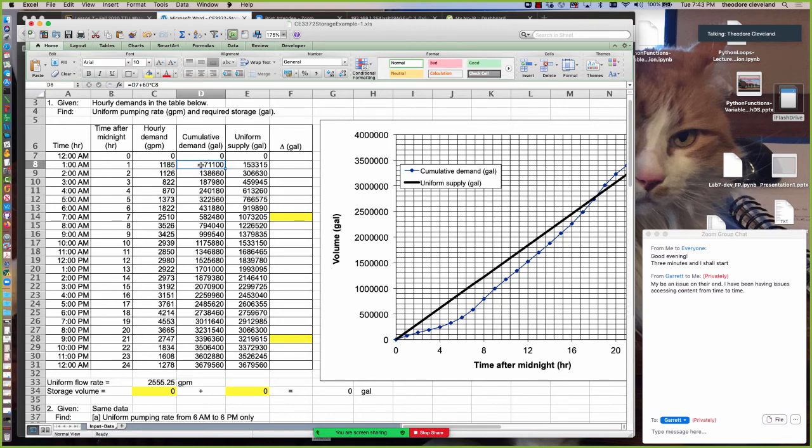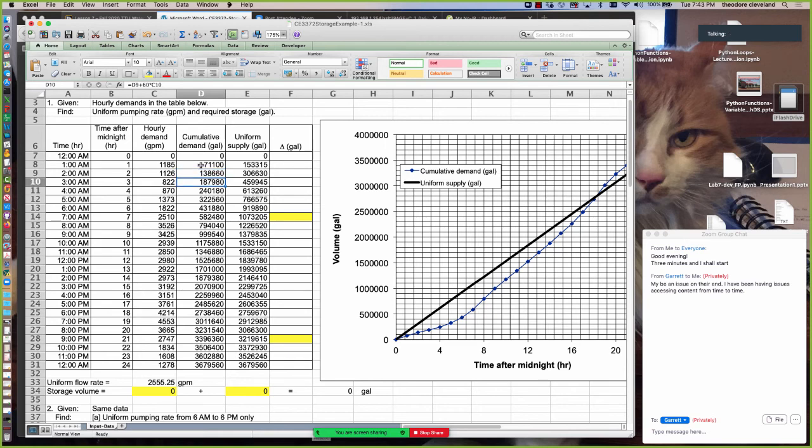So at the end of the first hour at 1 a.m., we need to have supplied 71,100 gallons. At the end of the second hour at 2 a.m., we need to have supplied 71,100 gallons plus another almost 70,000 gallons for a combined total of 138,660 gallons.